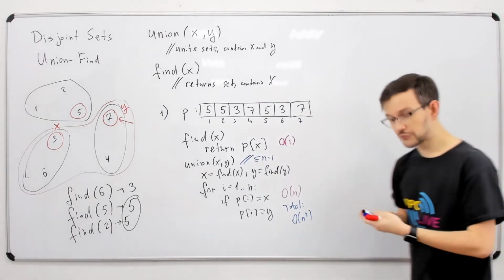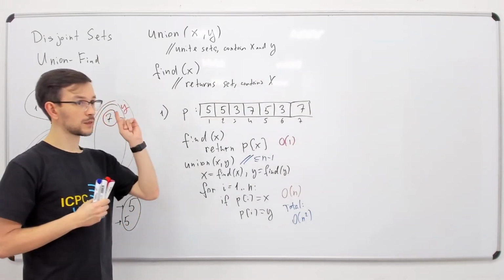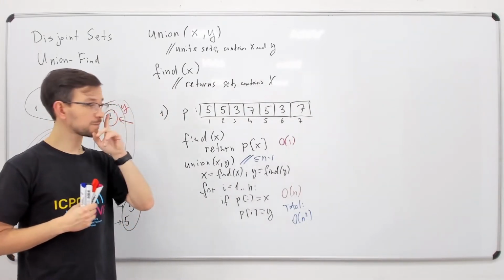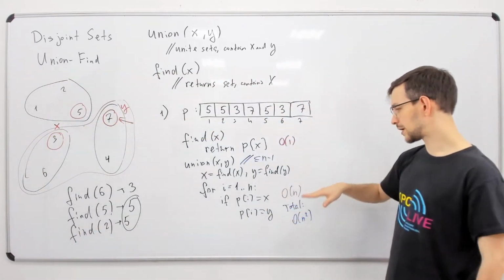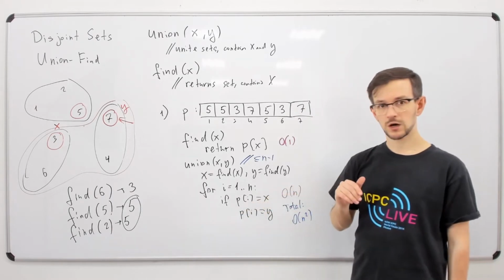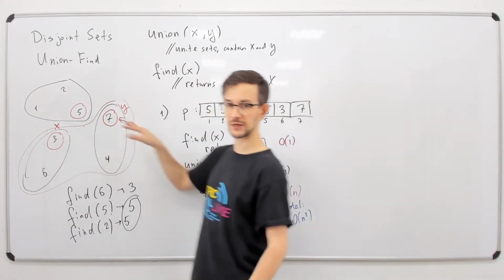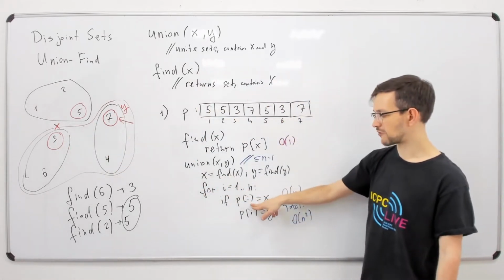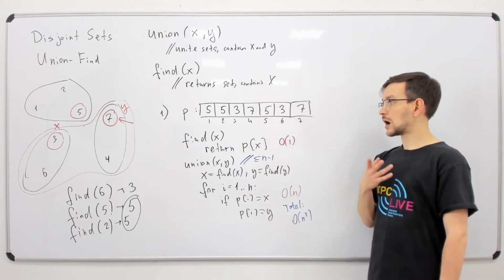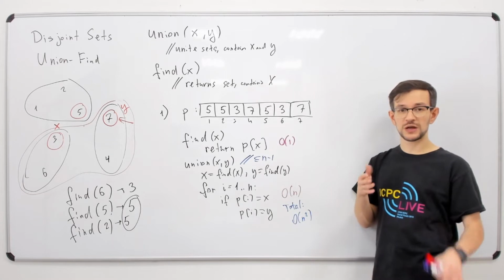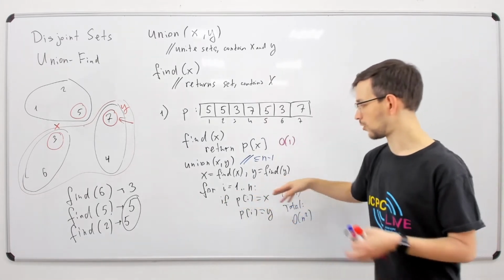Now let's move to something more complicated. First optimization. Let's see what we're doing here. We just iterate over all elements which belong to one set and move these elements to another set. So we need to find all elements in array P equal to X and change them to Y. Is it possible to iterate over all elements with a given value faster than just looking at all elements?